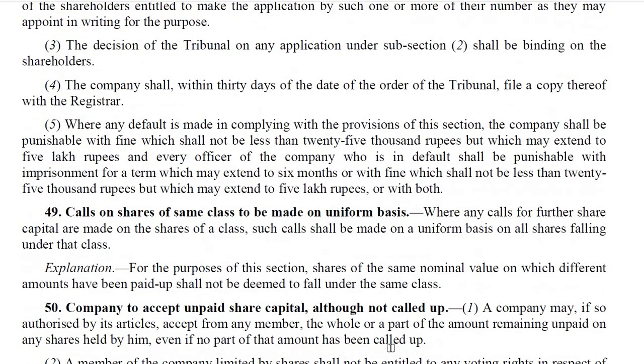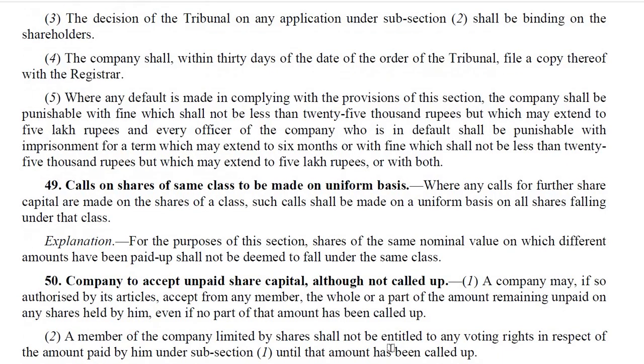The decision of the tribunal on any application under subsection 2 shall be binding on the shareholders. The company shall, within 30 days of the day of the order of the tribunal, file a copy thereof with the registrar.